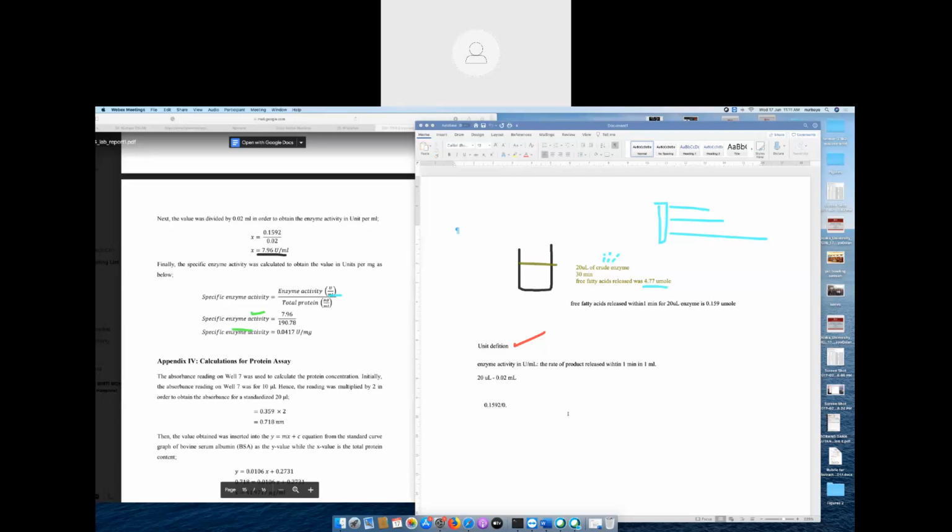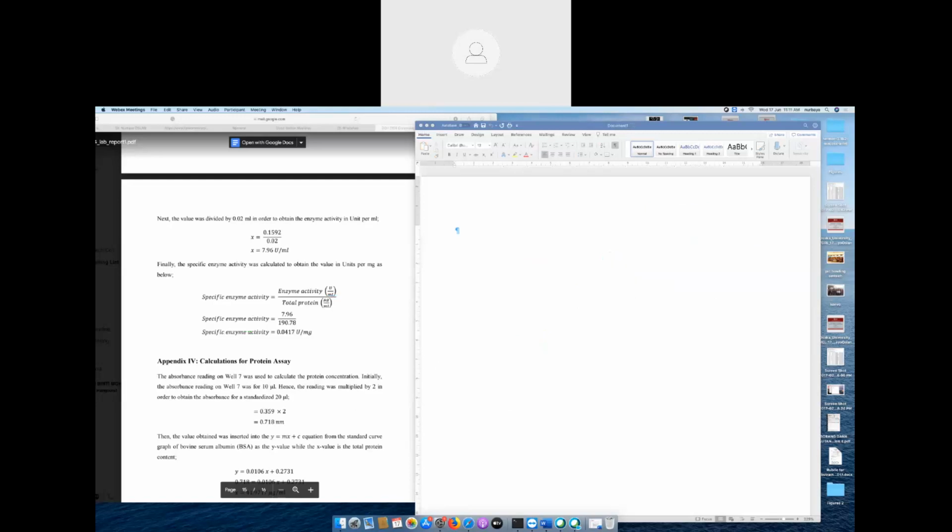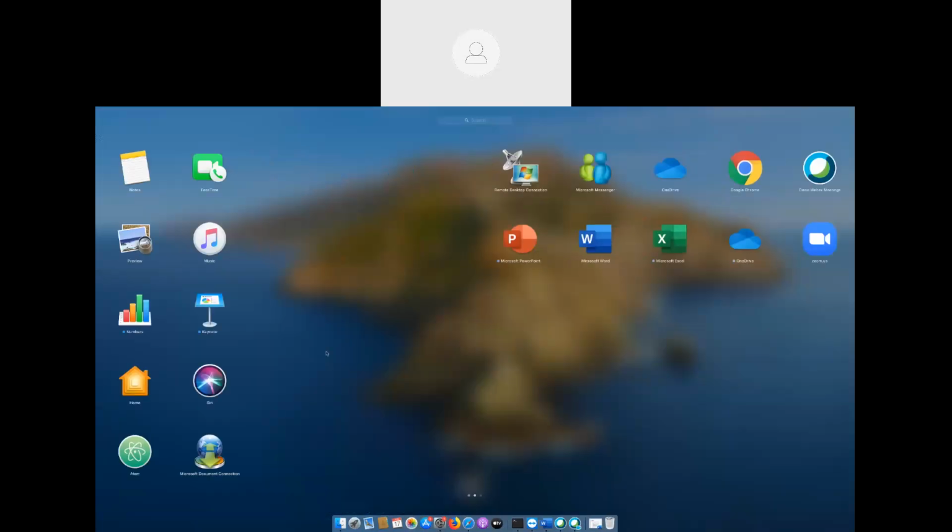That means this is for 20 microliter, right? For 1 microliter. So let's just grab the calculator.